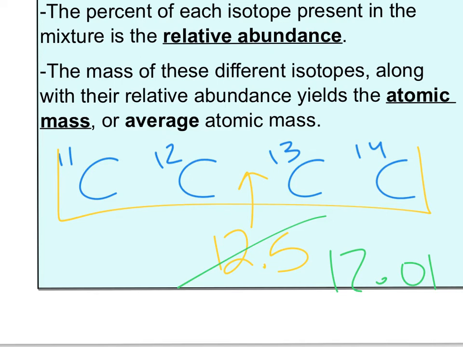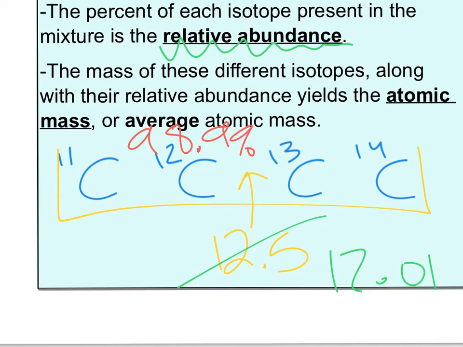We also have to factor in how prevalent these isotopes are. Another way to say this is the relative abundance. Relatively, how abundant are these isotopes? What if when I told you these were the isotopes of carbon, I also told you that 98.9% of all carbon is carbon-12?